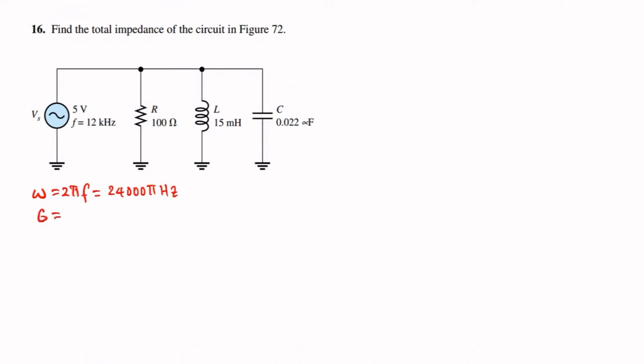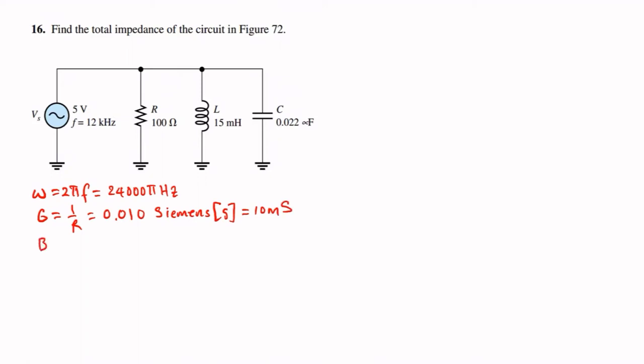The conductance, which is the reciprocal of the resistance, is equal to 0.010, and the unit for the conductance is Siemens, or sometimes we write it as just S. So just for comparison, I'm going to write this as millisiemens.